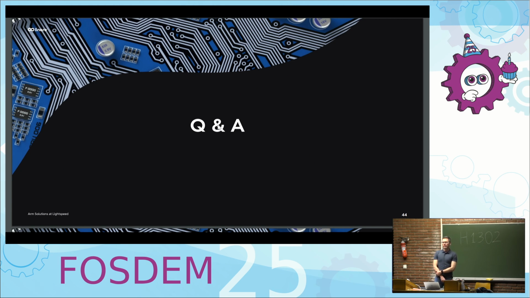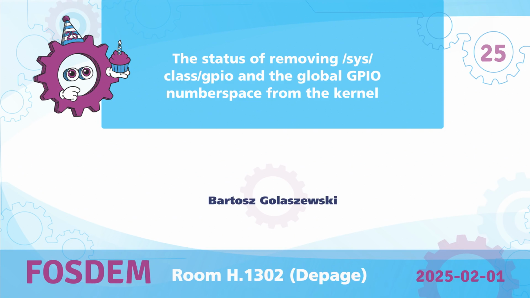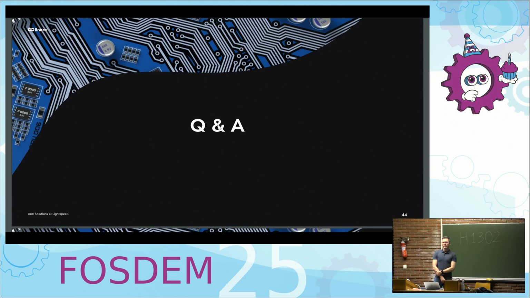Okay. I'll just follow up on this gentleman over there. What happens if you have initramfs with just BusyBox? Basically, at that point, you do not have Python to run the proxy. You don't have potentially GPIO tools because you are limited in size. What now?